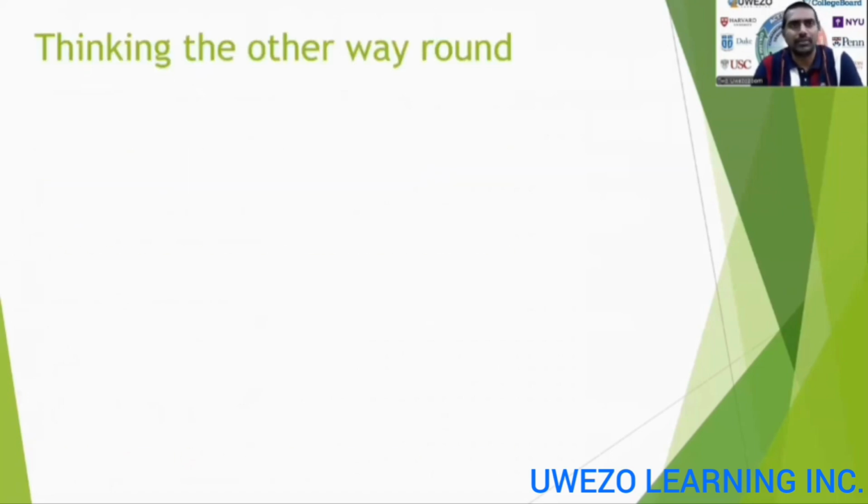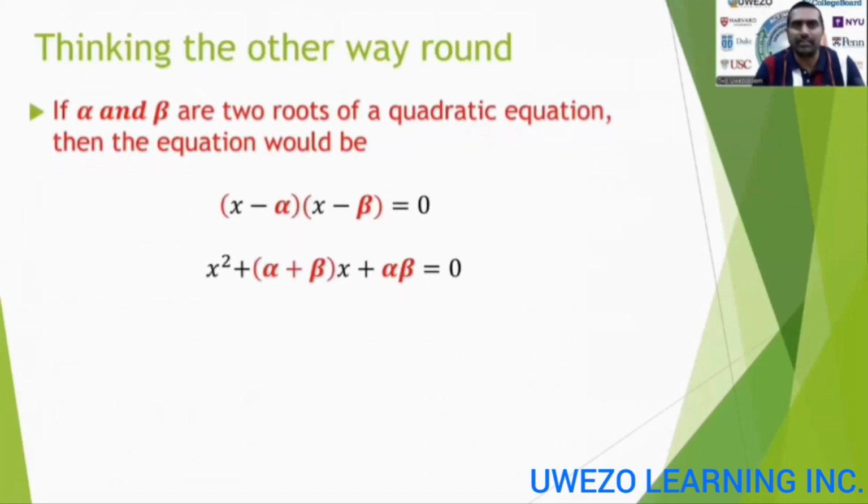In the SAT, not only the quadratic equations would be given, sometimes you may also have to think the other way around. When the roots of a quadratic equation are given, say alpha and beta, the roots would be used to form the quadratic equation, which would be (x - alpha)(x - beta) = 0.